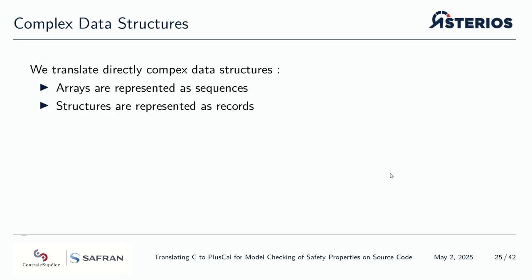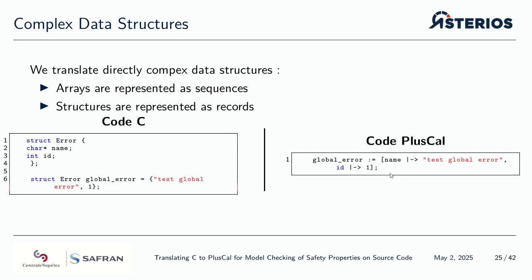Also, how do we translate complex data structures such as arrays or structures? Arrays are represented as sequences in PlusCal, and structures are represented as records. For example, if I take a little struct here, an error with a field name and a field ID, I can define a global error variable that has the name test global error and an ID of 1.